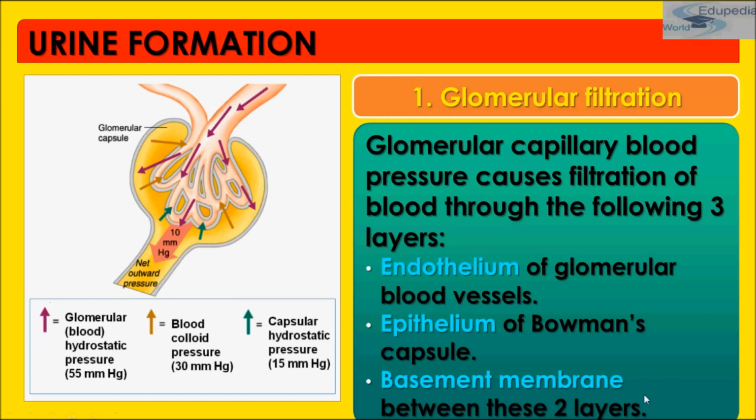So the glomerular capillary blood pressure causes filtration of blood through the following three layers: endothelium, epithelium and basement membrane. Now, the endothelium of glomerular blood vessels, the epithelium of Bowman's capsule and the basement membrane between these two layers.